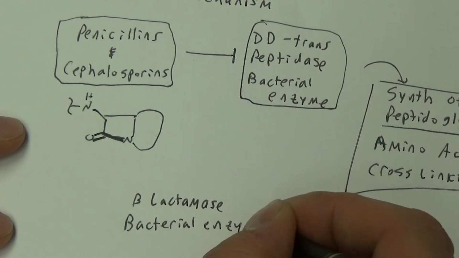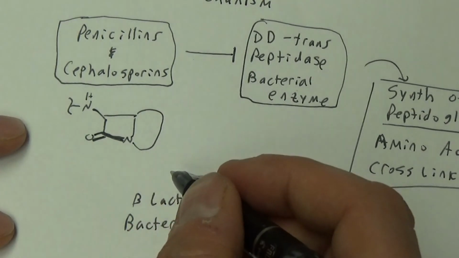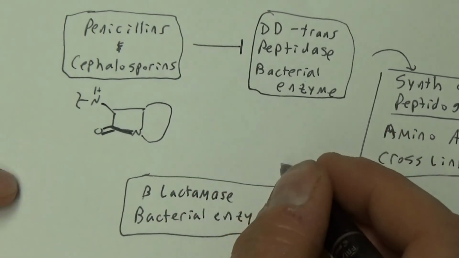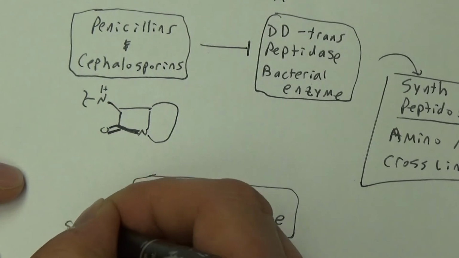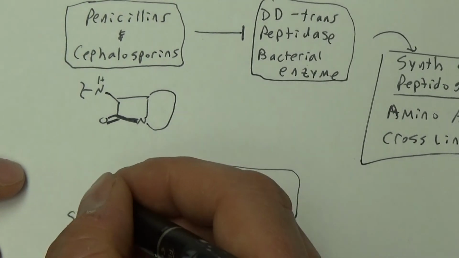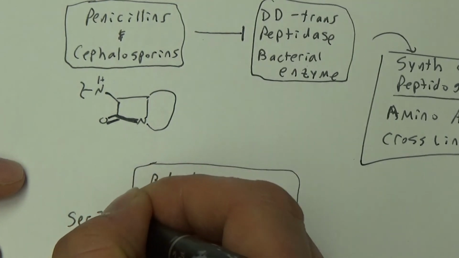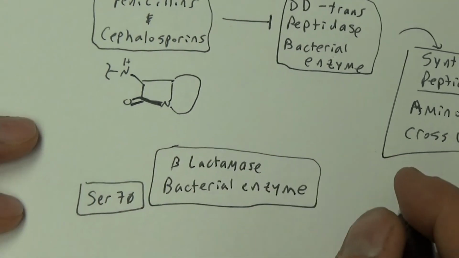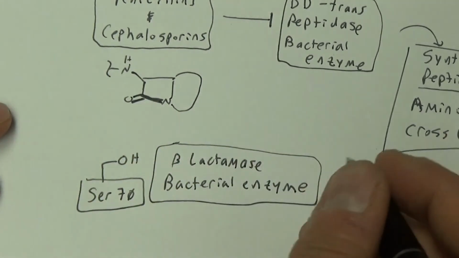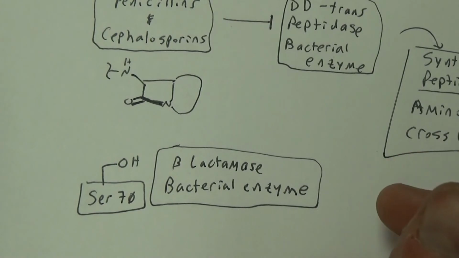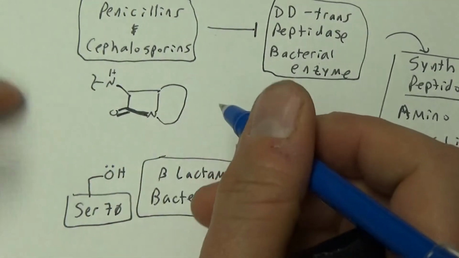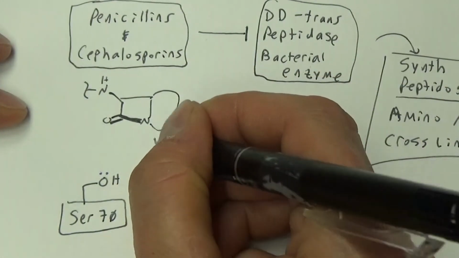And what it does, this just shows the idea, is that serine 70 on bacterial beta-lactamase, serine number 70, serine of course is the amino acid with a primary alcohol, essentially destroys these. So serine 70 inhibits it basically, but ultimately it destroys.